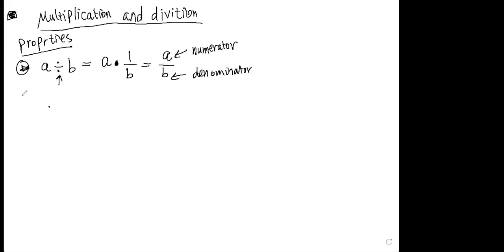So let me start with the property. First, the property says A over B times C over D equals what?